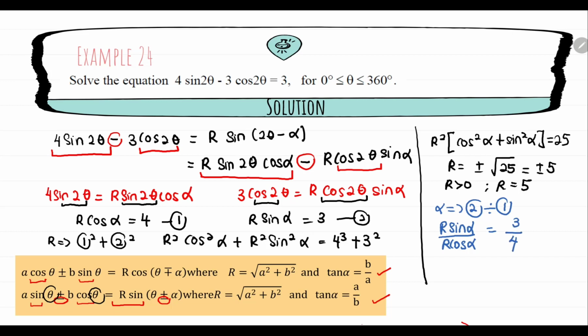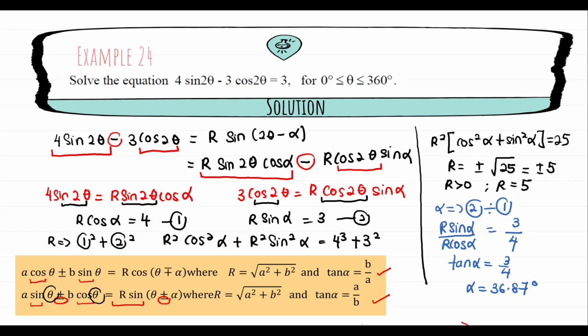So now when we have R divide by R, we will be getting 1, and sin α divide by cos α, we will be getting tan α equals 3 over 4, and α is 36.87 degrees. Okay, so we managed to find R and α.